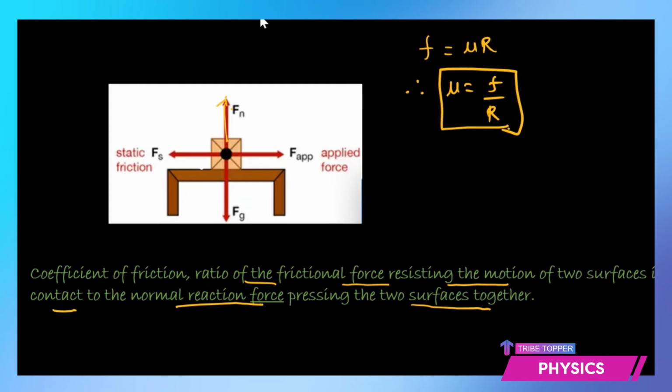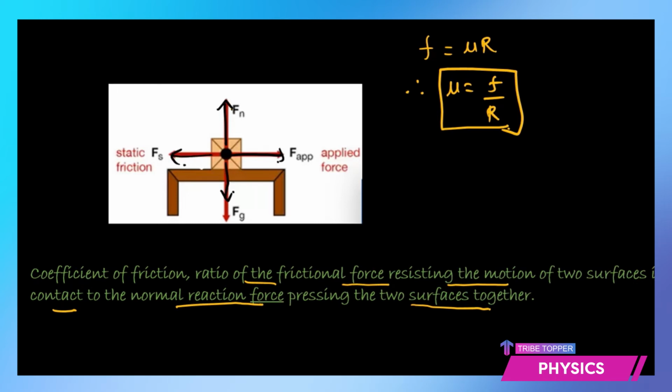And the coefficient of friction depends on the force of friction that is being exerted over the normal reaction. Now in this situation, if I say that all these arrows, as you can see, are of the same length, so all the forces are equal and opposite. So the weight acting downwards is balanced exactly by the normal reaction as per Newton's third law. And if the object is not moving, that means the force applied is equal to the static friction.